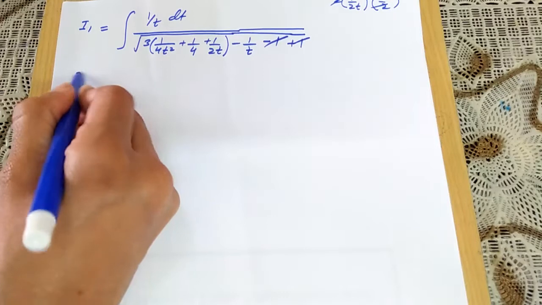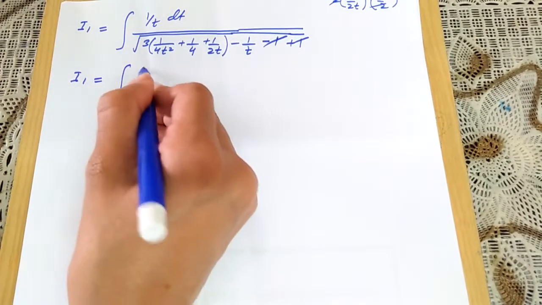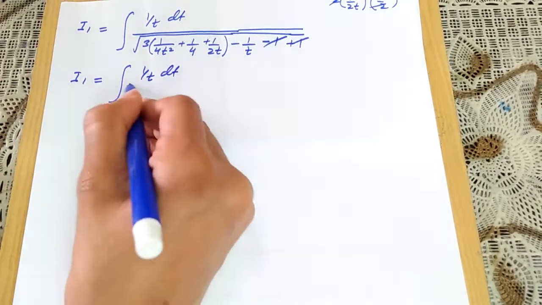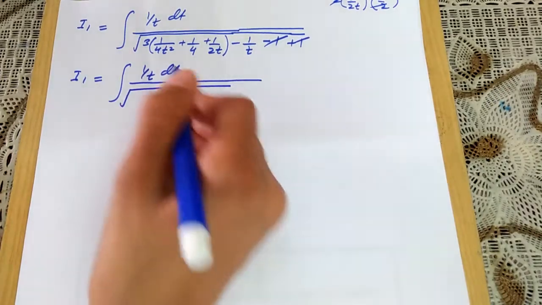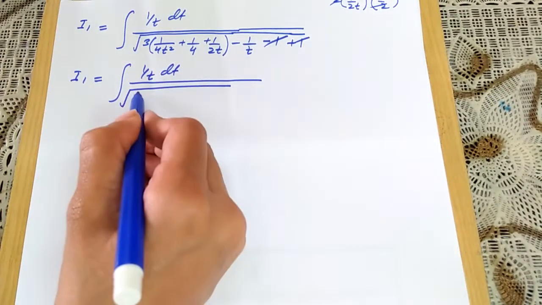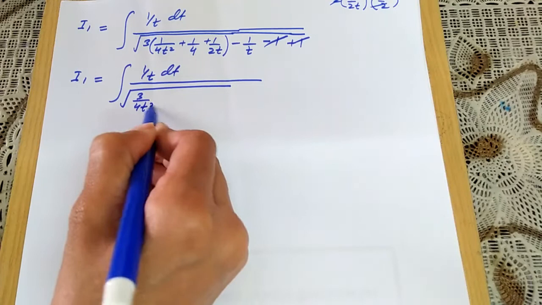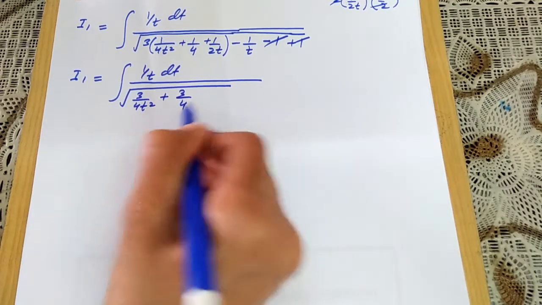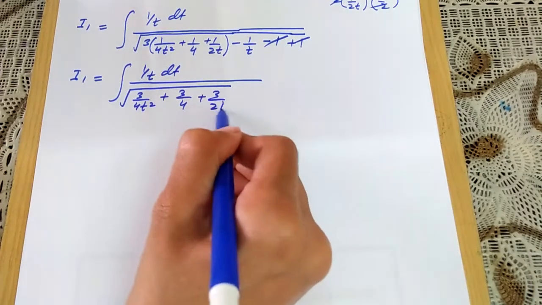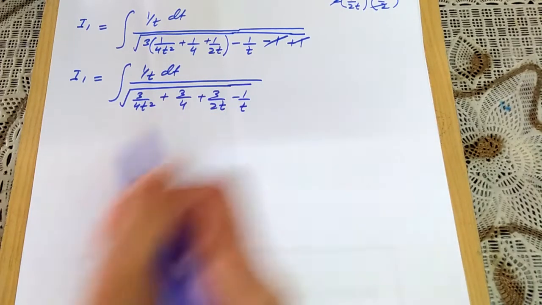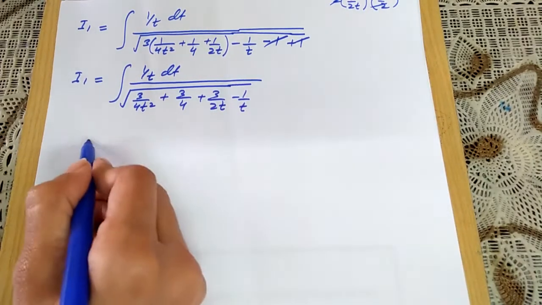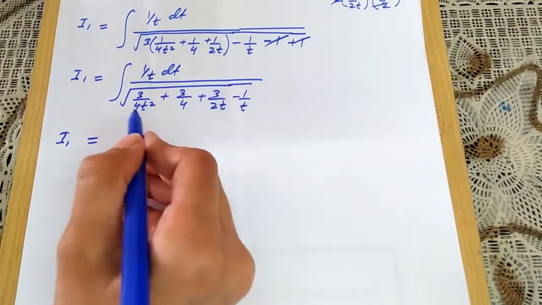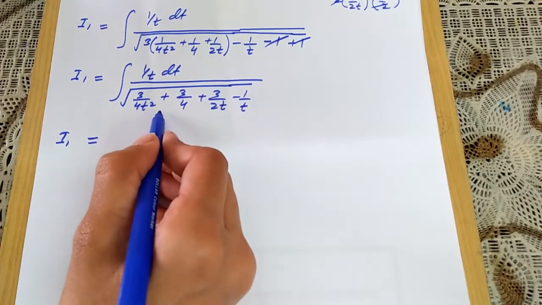So we get I1 equals the integral of 1 over t dt over under root, here we get 3 over 4t² plus 3 over 4 plus 3 over 2t minus 1 over 2t. Now I am taking 1 over t² common out of it.